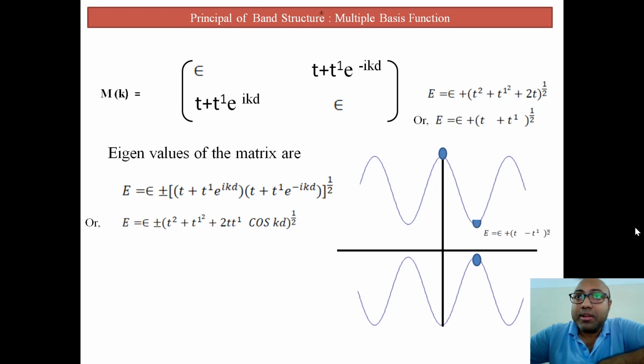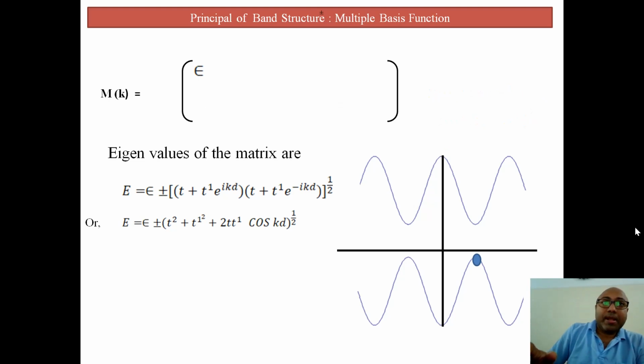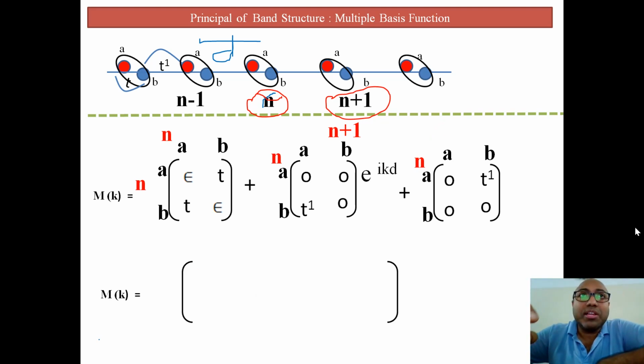And similarly, what is the minimum value of this one, and similarly the maximum. So this is the way that we can easily calculate with a multiple basis function, and you will get to know all these results nicely. Okay.